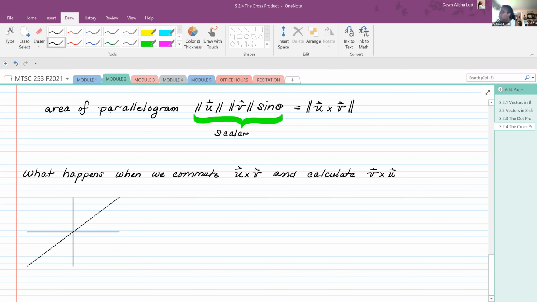Okay, so when I do U cross V, that is going to give me a vector that's going to be perpendicular to both of them in this direction.